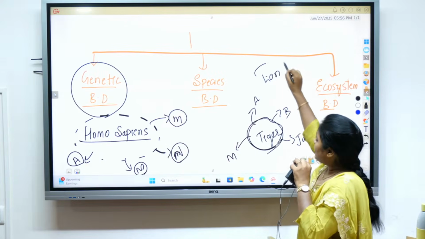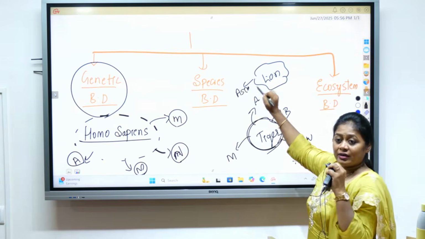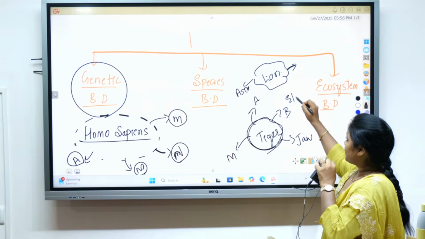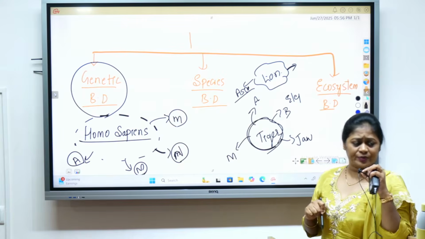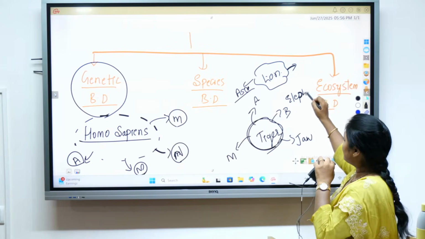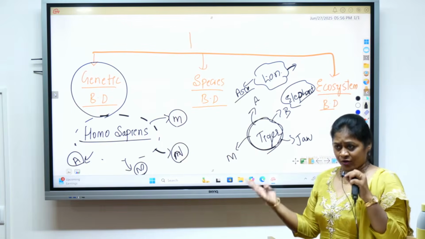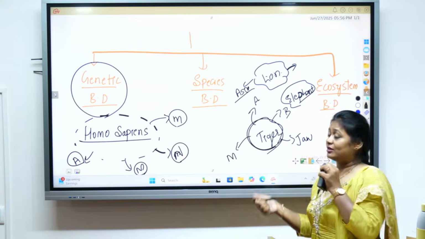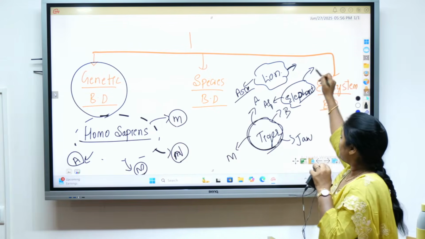Again, lion, Asiatic lion, African lion. Asiatic lion also known as Gir lions, okay. So elephant is a species. Again, we'll find genetic diversity like what? African, Asian.